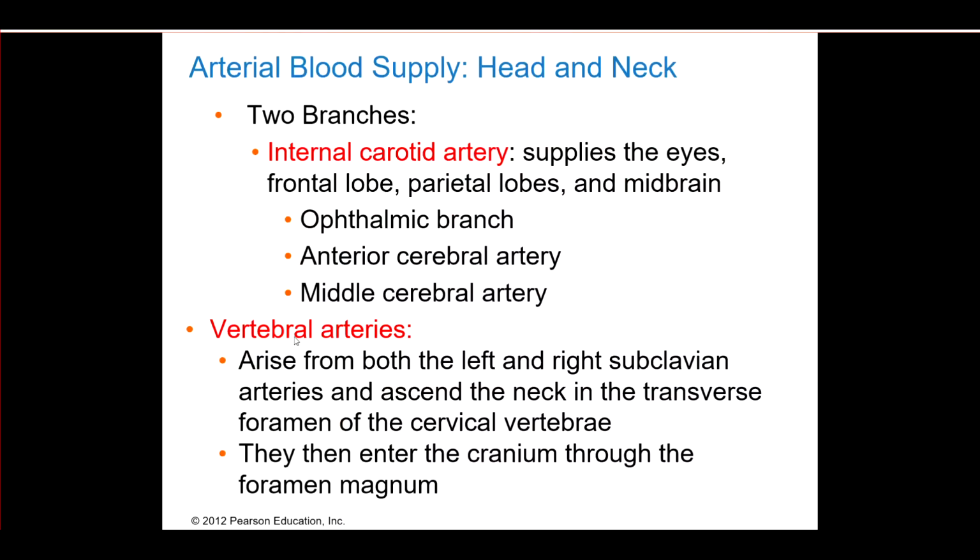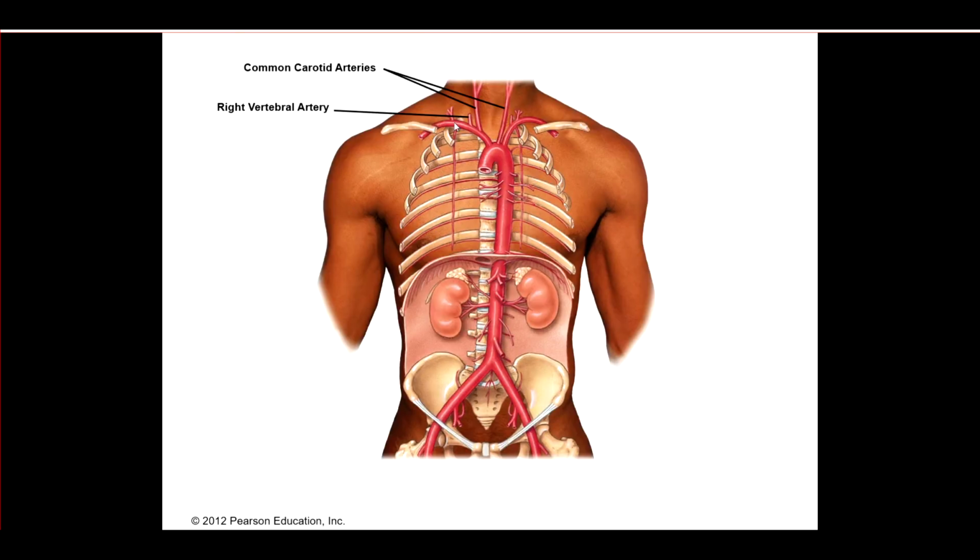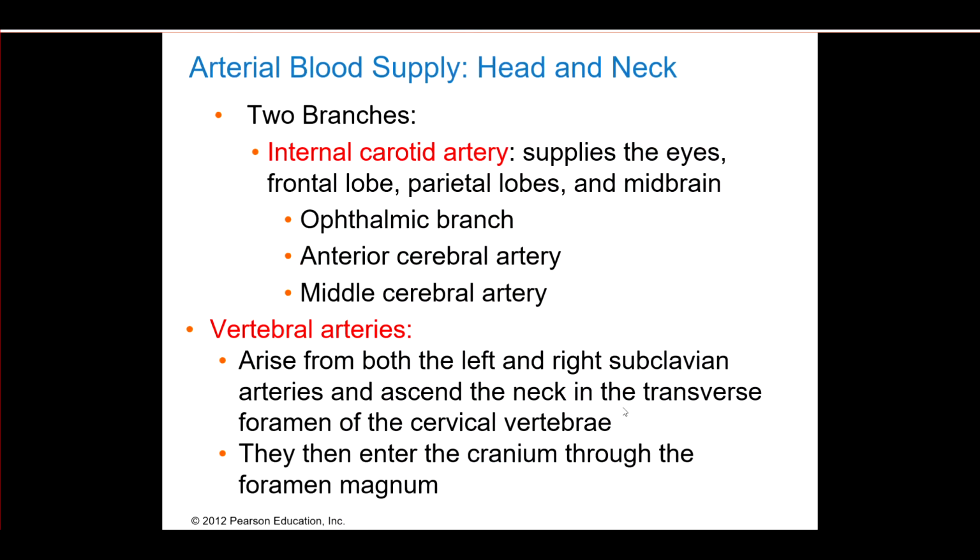Okay, so the vertebral arteries arise from both the left and the right subclavian arteries. Again, I just want to reiterate that. Here's the right subclavian, here's the left subclavian, and here's your left vertebral, here's your right vertebral. So they're coming off the subclavians, not the brachiocephalic trunk or anywhere else, or the aorta. Now, if you remember from A&P1, the cervical vertebrae in their transverse processes had a hole in it.